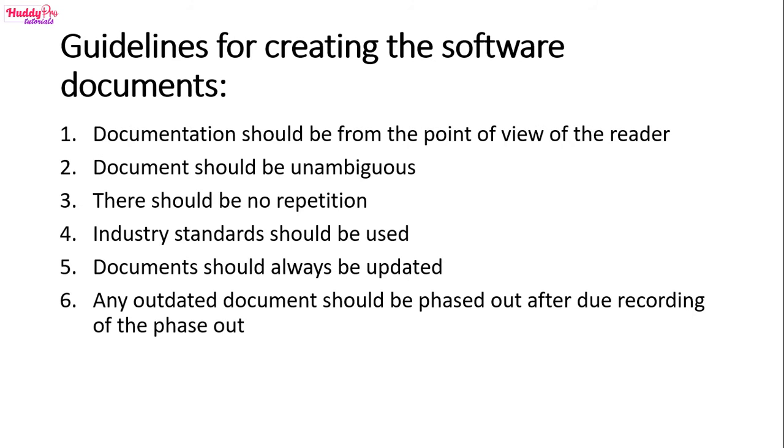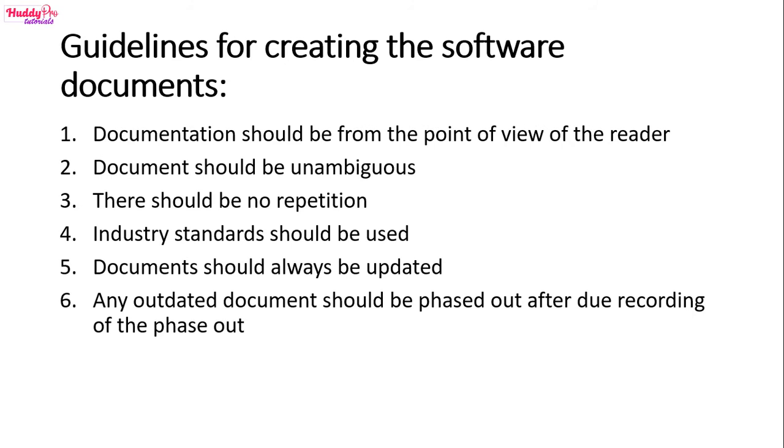Then number five, documents should always be updated, because even the software products are usually updated, most especially in the open source communities. Some release different versions every month. So that means even the software document, if that's the pace, has to be updated every month.